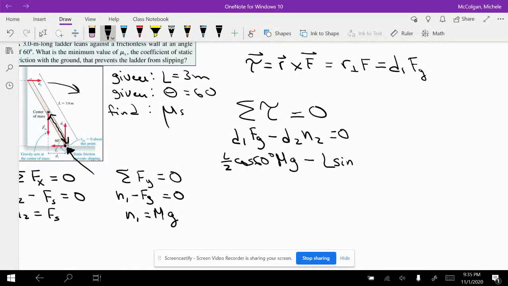So if this whole thing is L, from there to there, and then I'm looking for this right here, if this is my 60 degrees, that's cosine of 60, and that's going to be times N2 is equal to 0.